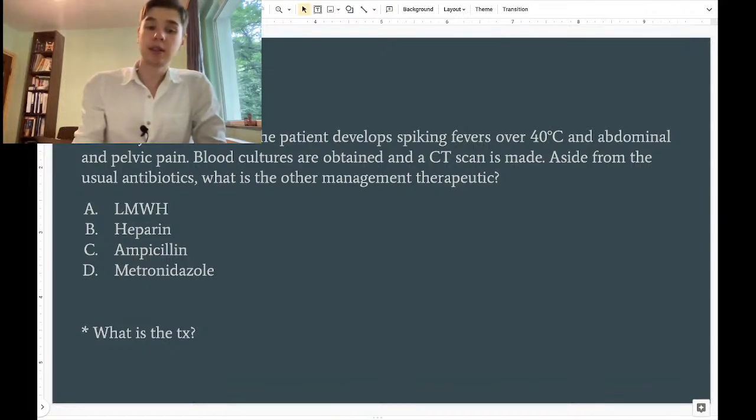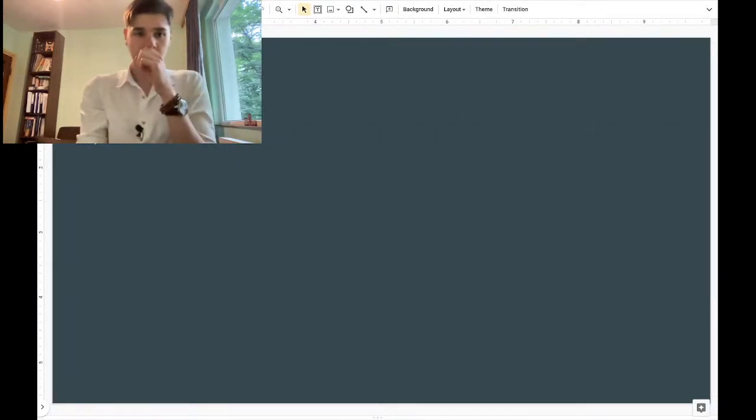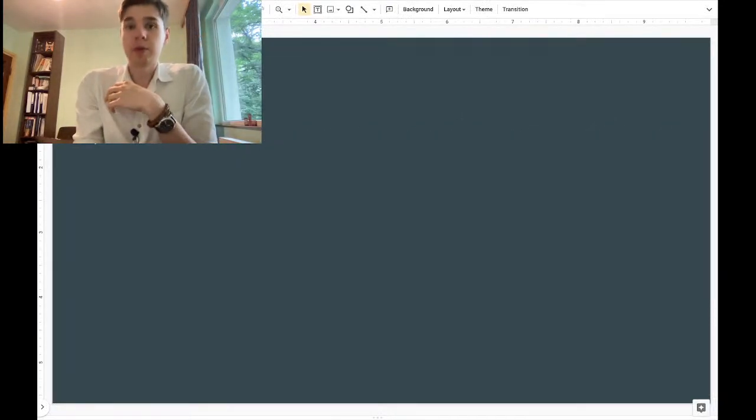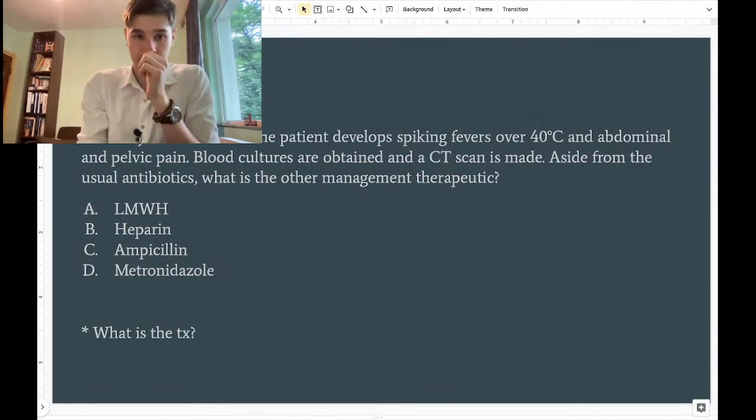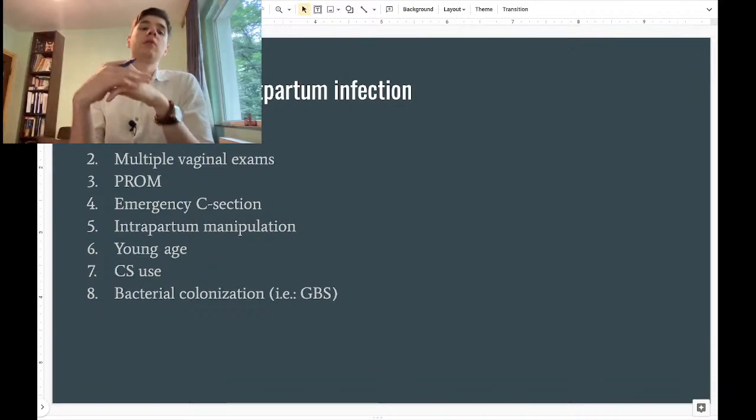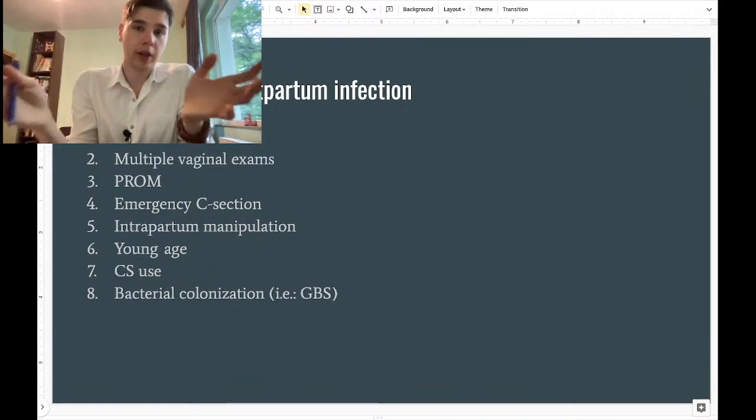Okay, let's see the answers. The first answer was D, premature rupture of membranes, and the second answer was B, heparin. Let's see what are the risk factors for postpartum infection.